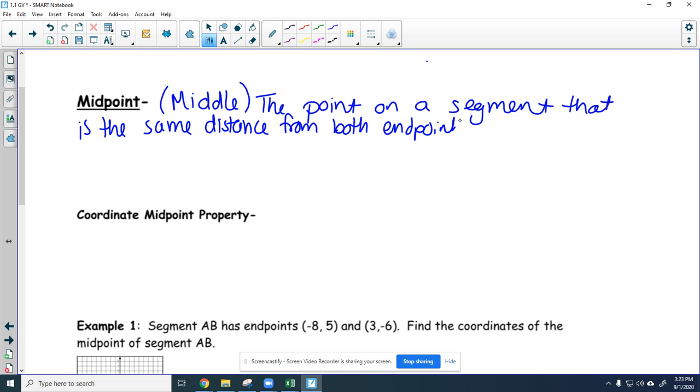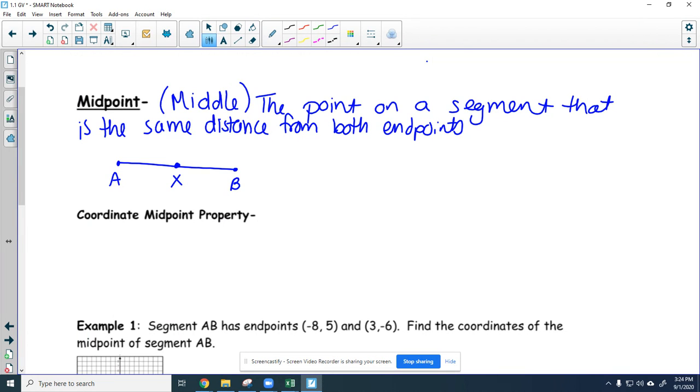So we'll draw a little diagram here. When you're ready, if you could go ahead and draw segment AB, put two little points on the end. And right now I'm just going to eyeball the middle. If you were trying to make a more accurate drawing, you could actually use your ruler, straight edge, draw a nice neat segment and measure to locate the middle. I'm going to call that point X.